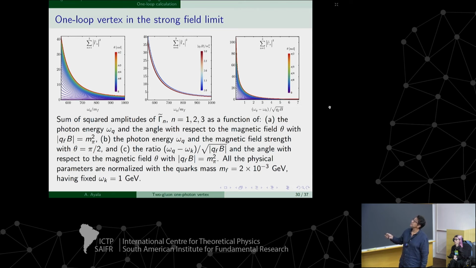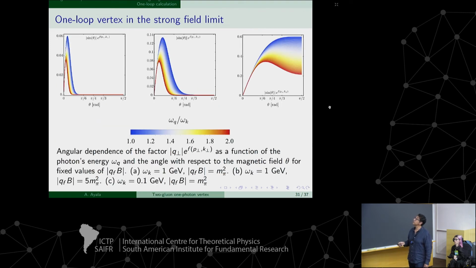So you see that for different intensities of the magnetic field, this factor here grows with the magnetic field, but perhaps more interestingly is the angular dependence. So let me just concentrate on this guy here, which is, you see that for low momentum photon energies, theta is the angle between the direction of the magnetic field and the direction of propagation of the photon.